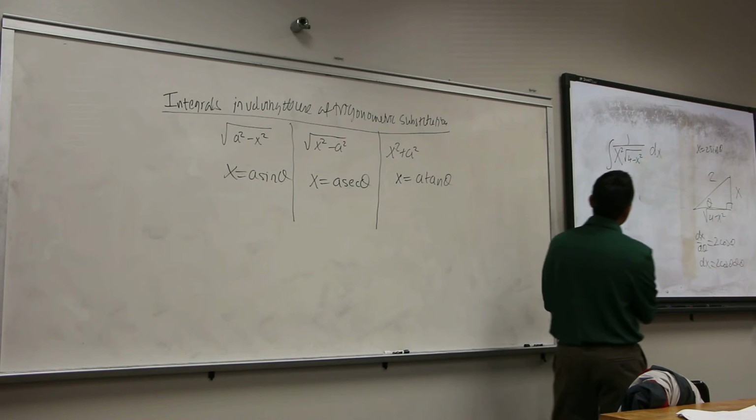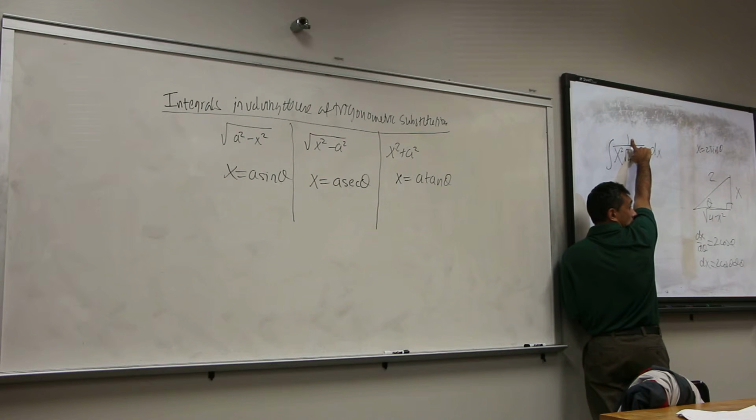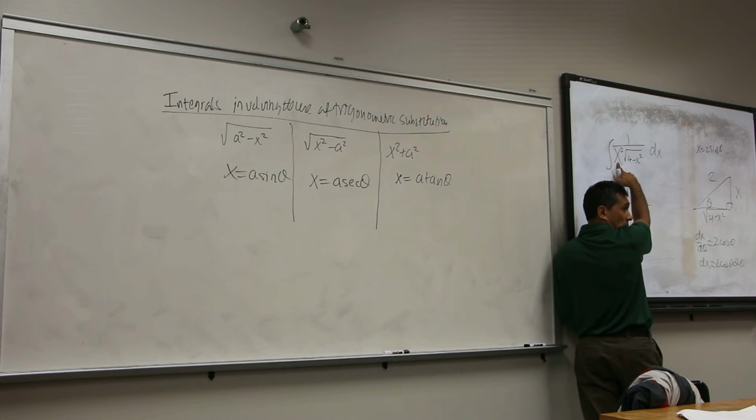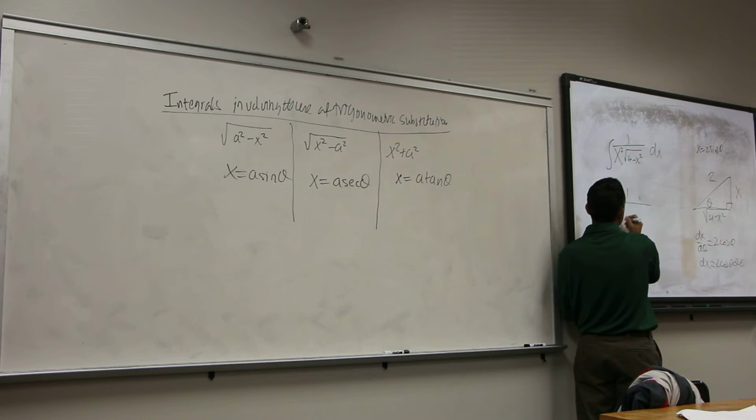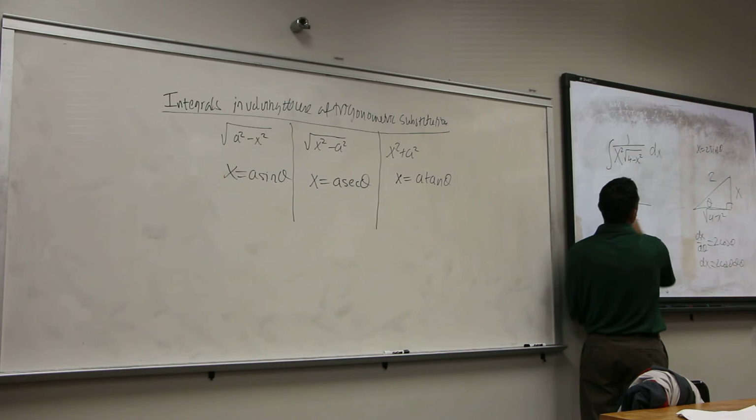So now I will come here and write what here? 2 cosine theta d theta. And write what here? 2 sine theta squared. Then write what here? Root 4 minus 2 sine theta squared.